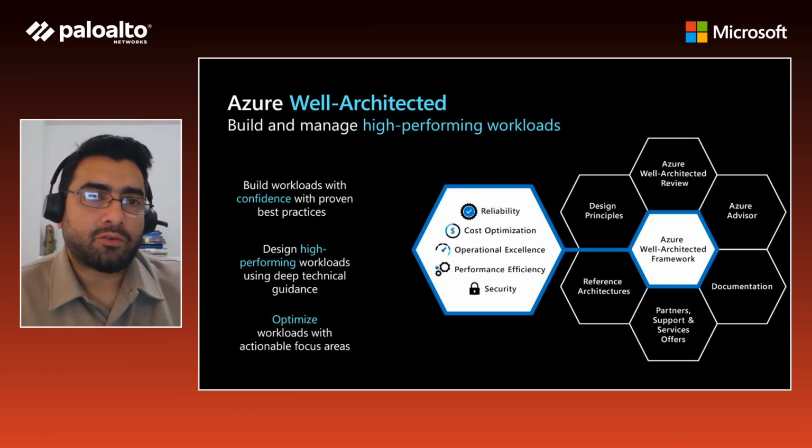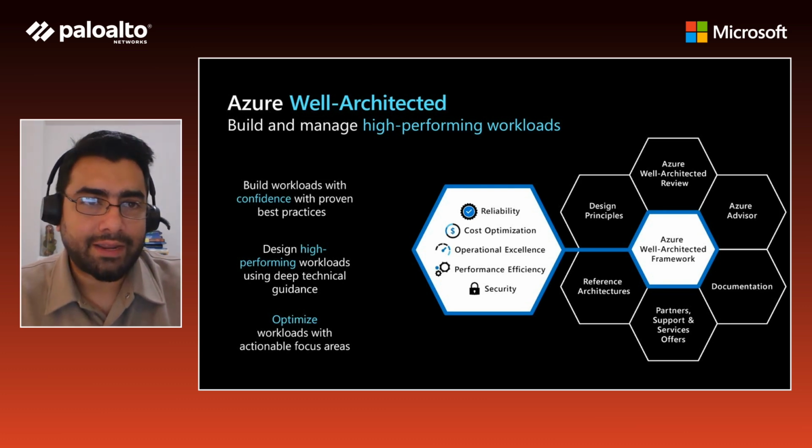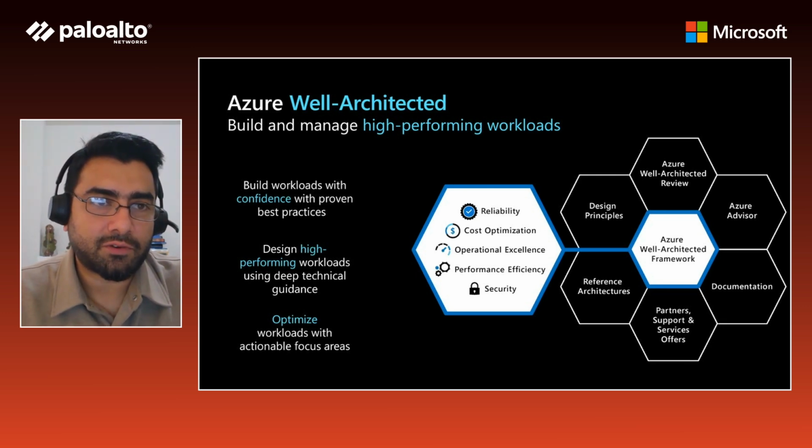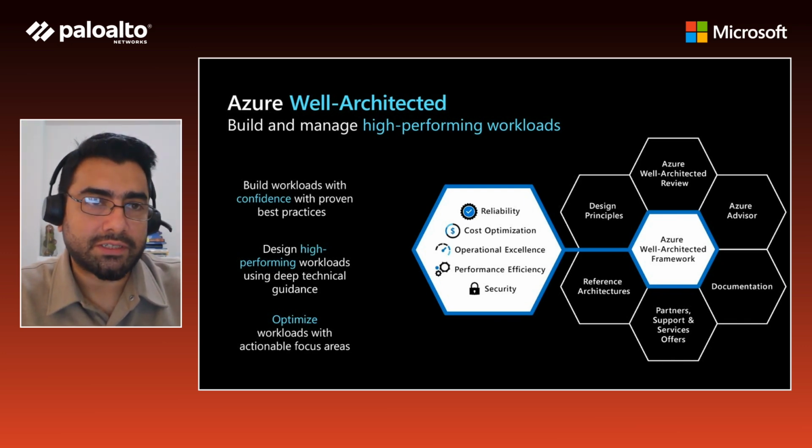So in a well-architected framework, we have 5 pillars. The first one is reliability. Second one is cost optimization, how to optimize cost for all the resources and services. Third one is operational excellence. So it looks into how to bring efficiency into your design, look into the availability and disaster recovery, all these things, and also looks into your performance efficiency, how to make your solution scalable, and how to look into the services that can make your solution more efficient.